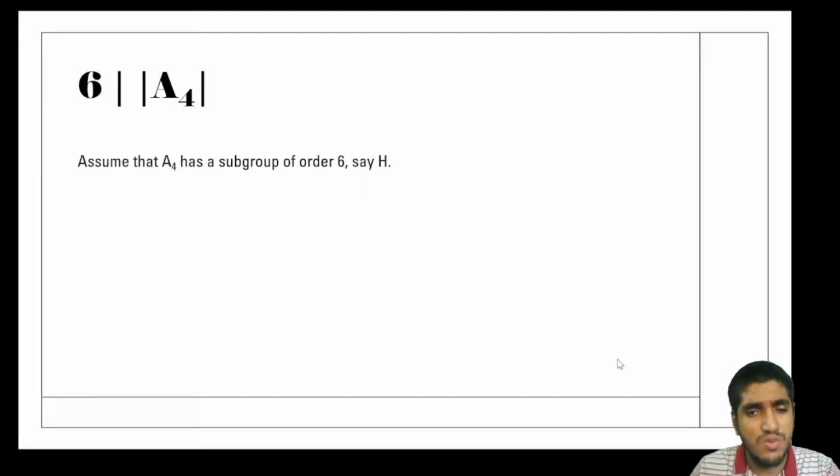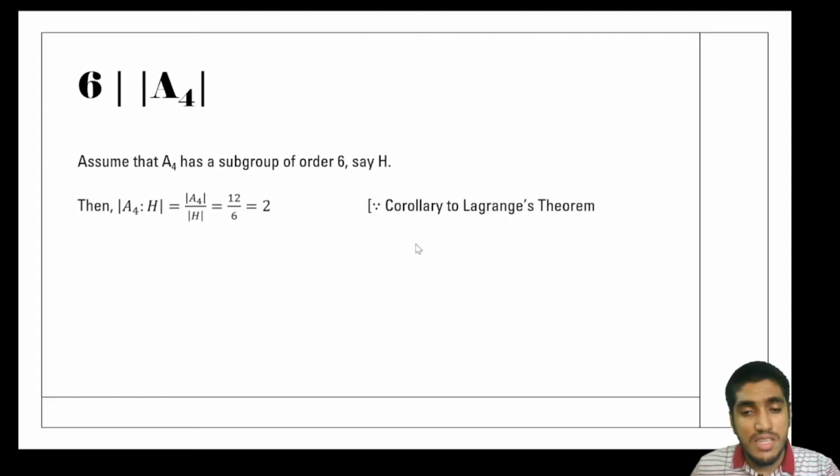Let's try once more. This time, 6 divides the order of A4, 12. Does A4 have a subgroup of order 6? Let's assume that it does. Then, what will be its index? Order of A4 by order of H, that is 2. What does it mean?